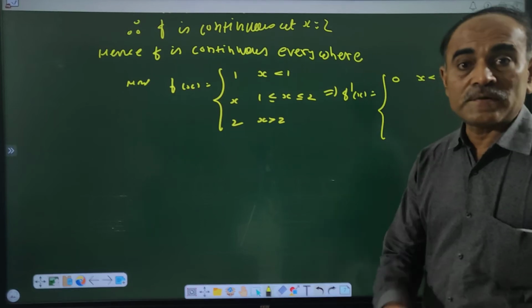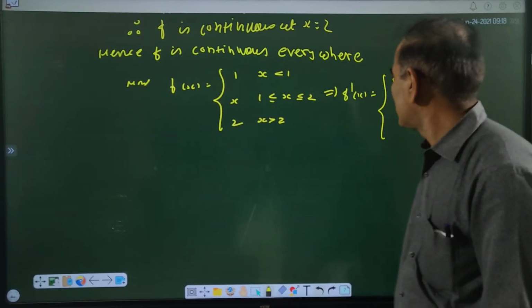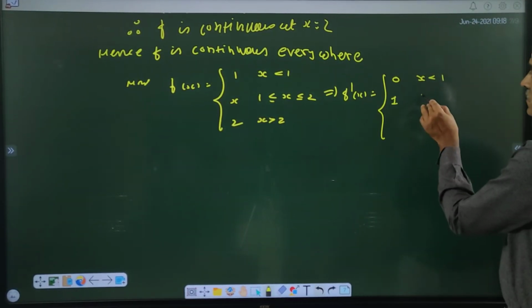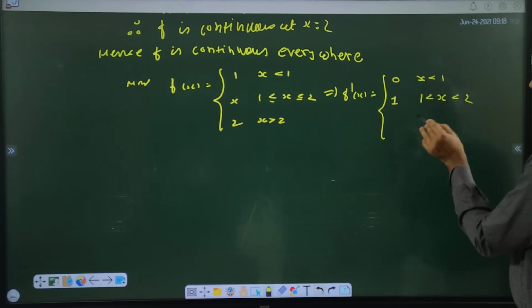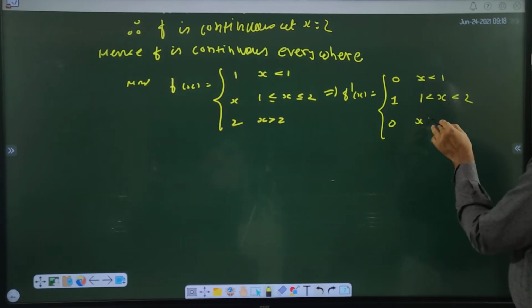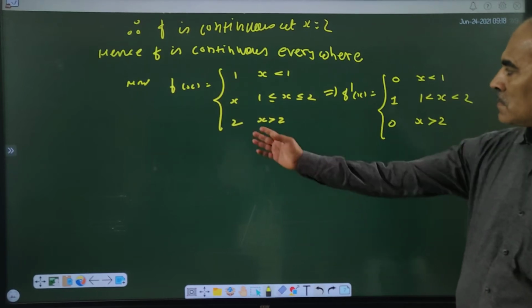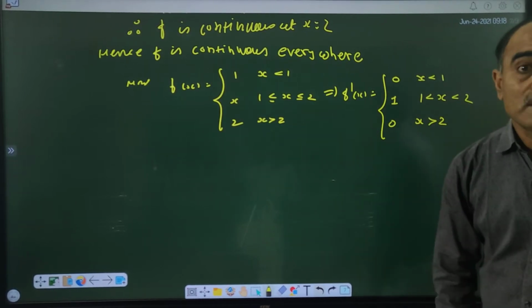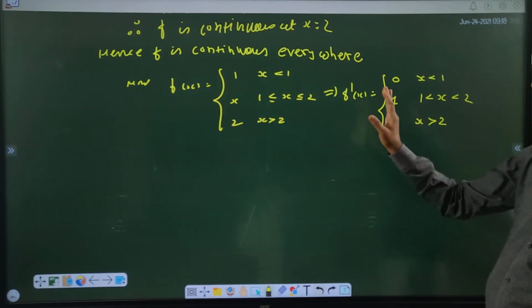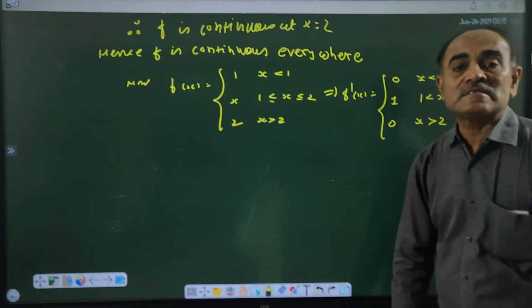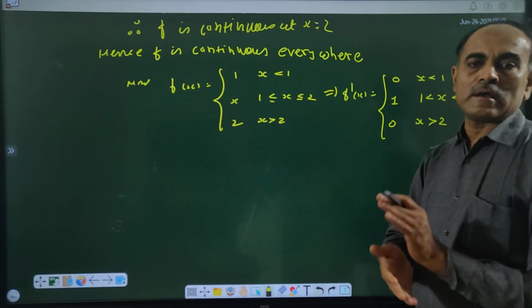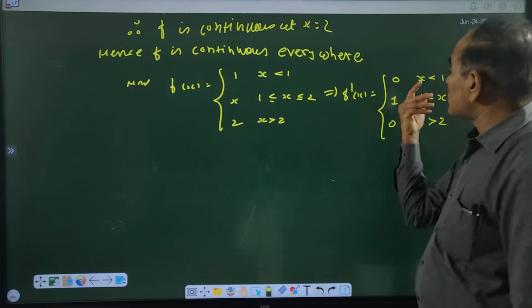A function is always differentiable on an open interval. So that is 1 for 1 less than x less than 2, and 0 for x greater than 2. Here we have to discuss the differentiability at 1 and 2 only. Other than 1 and 2 it is differentiable.